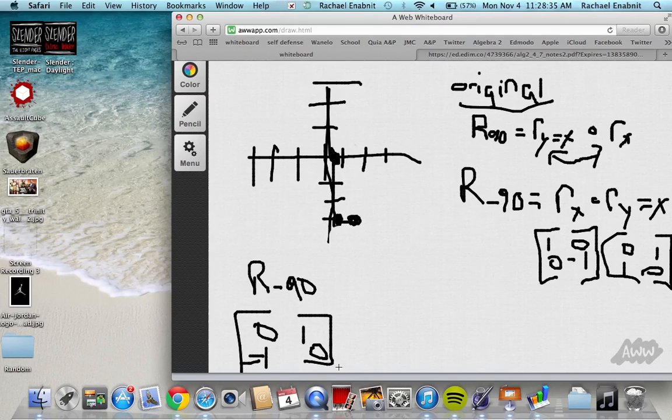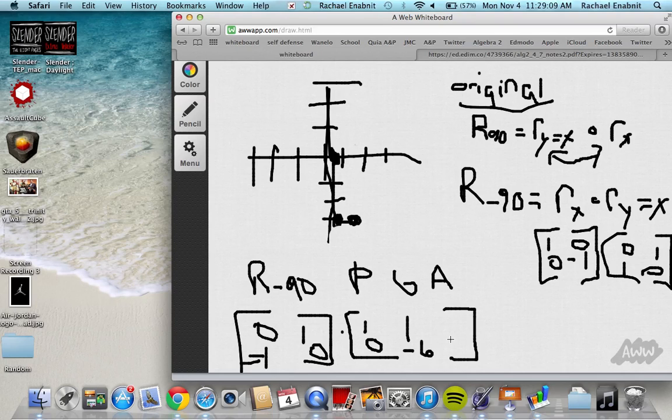Now to find the image of the club PGA, multiply its matrix by the matrix for R of negative 90. Our matrix would just be the points P, G, A. P was (1, 0), G was (1, -6), and A was (2, -6).